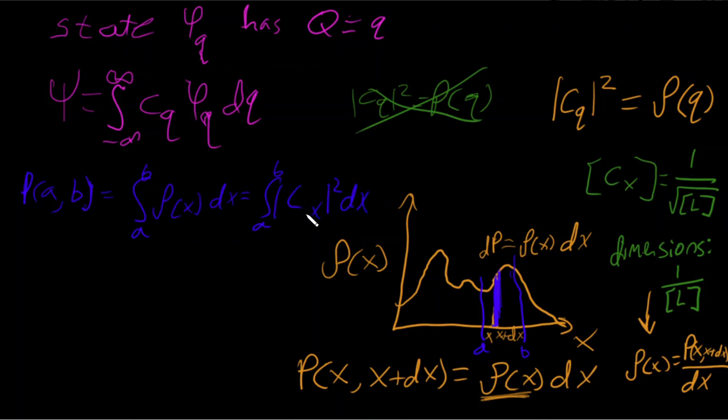This also makes sense. The norm squared of c sub x has units: c sub x is 1 over root length, so this is 1 over length times length, which gives you probability, which is dimensionless. And I may actually rewrite this a little bit too, just so you can see a bit more of the idea.